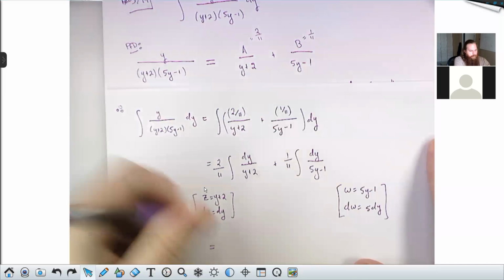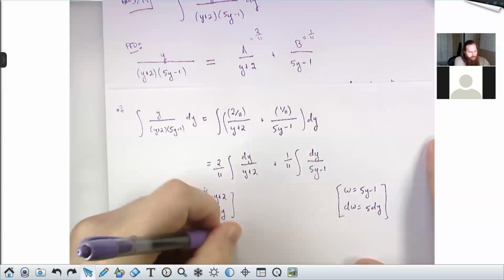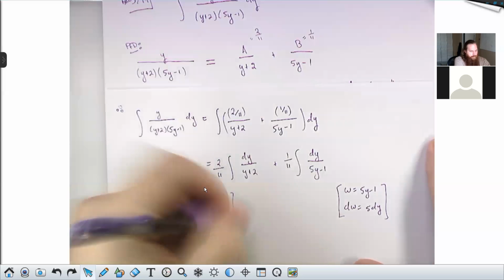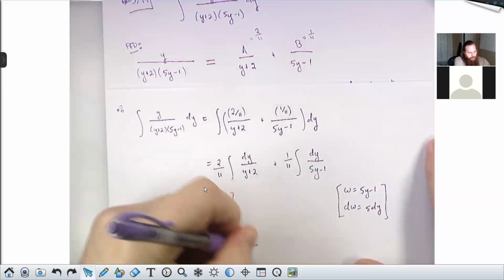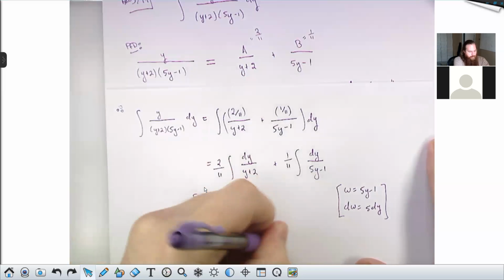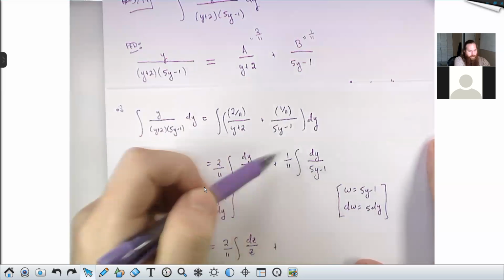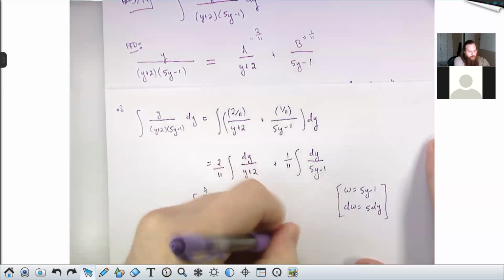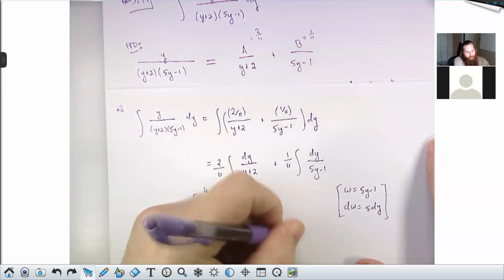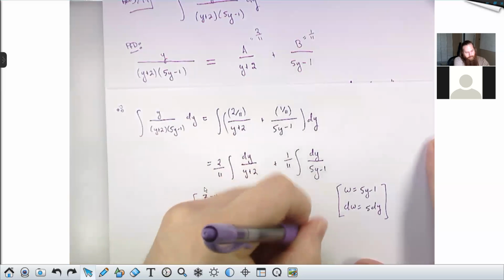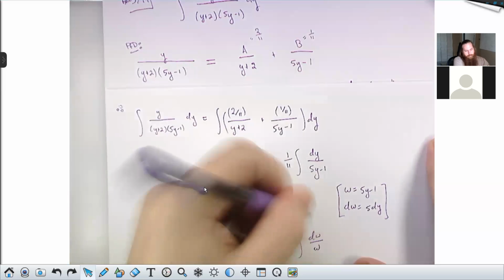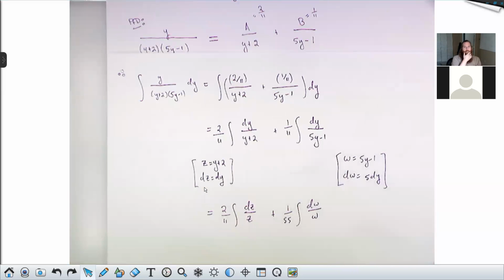And continuing here, this is 2/11 integral dz over z plus, I'll have a 1/5 coming from this piece, and I already have a 1/11 here, so that'll be 1 over 55 times the integral of dw over w. Both of which are natural logs.